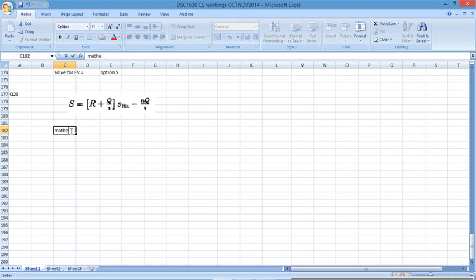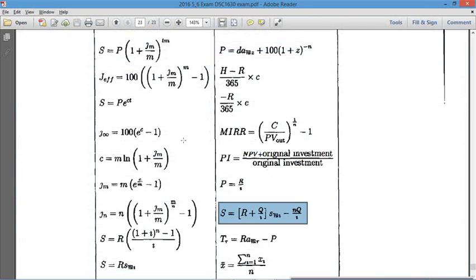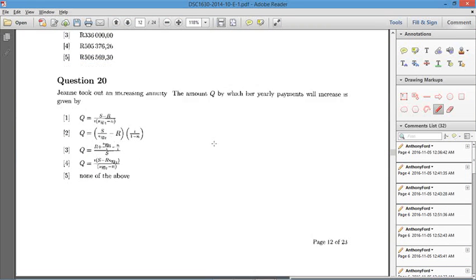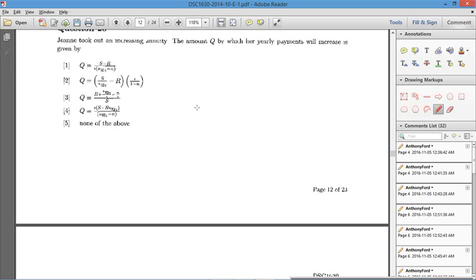Okay, so this is mathematics. We're going to have to manipulate this particular equation to get it looking in the right format. So I'm going to go back to my working here and write down the equation.